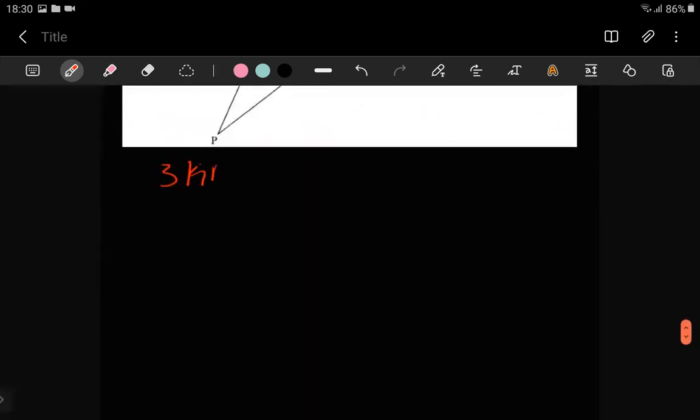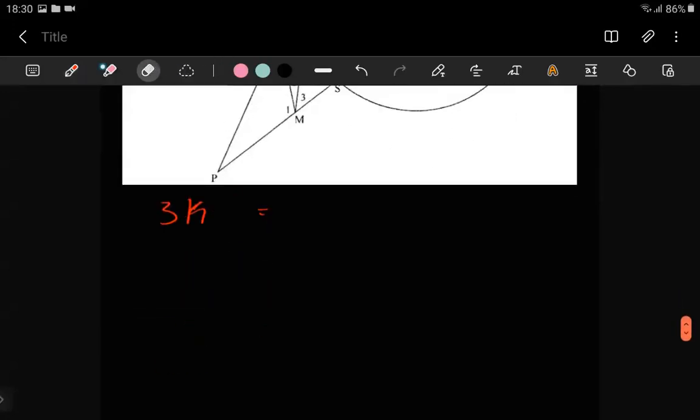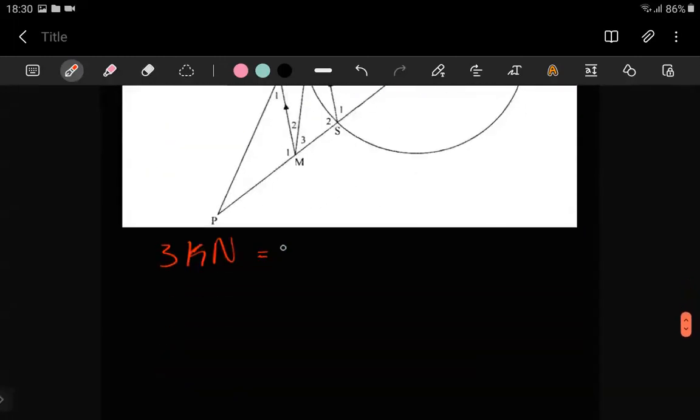So 3KN is equal to 4SM. Now the idea is you want to put the numbers on their own, the variables on their own, or rather lines.